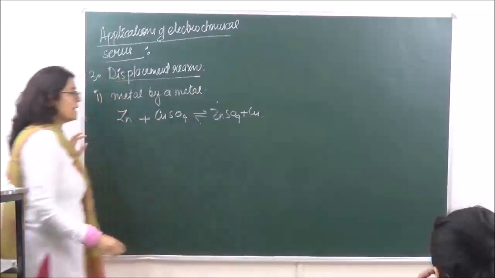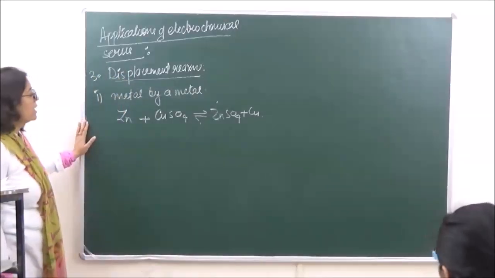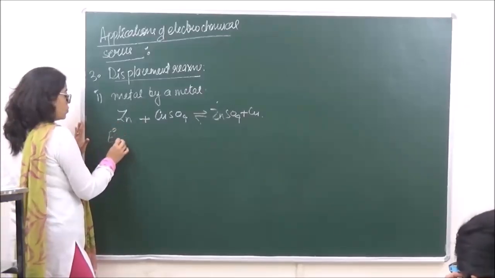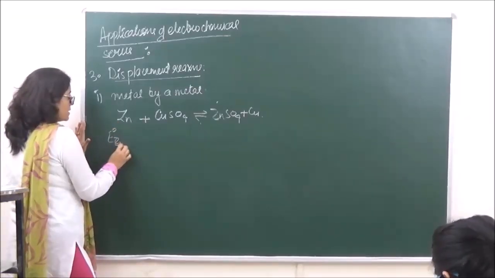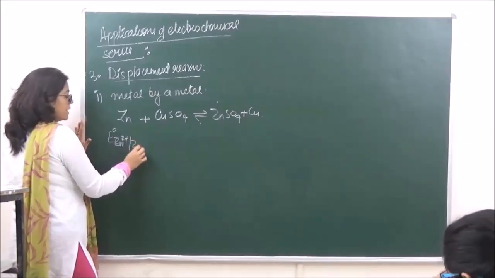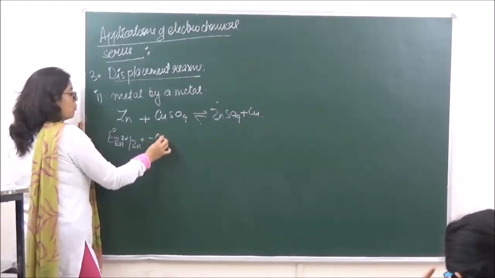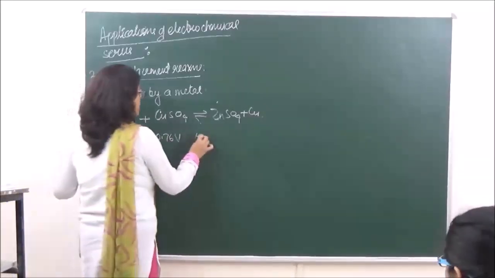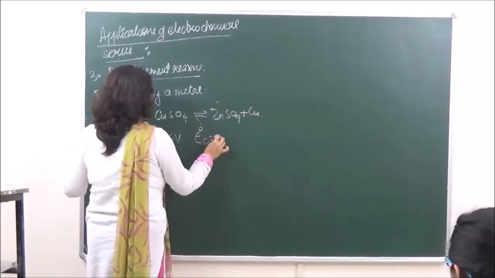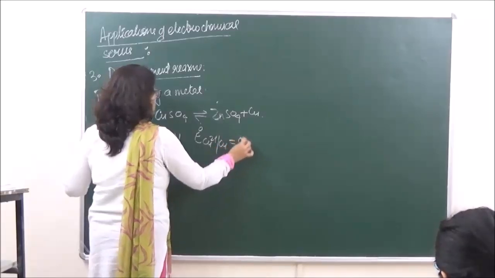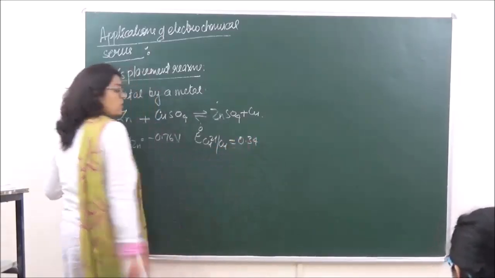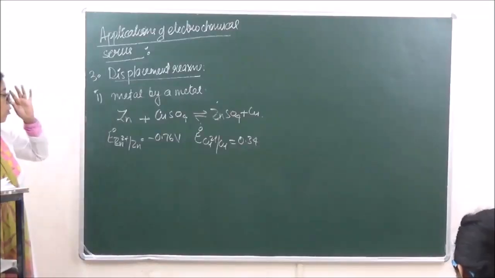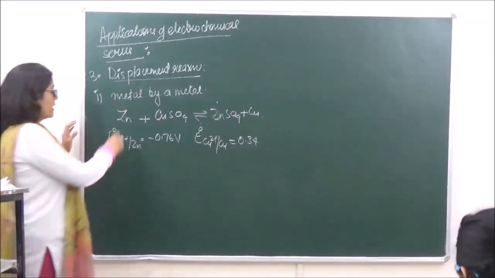This was the reaction of the galvanic cell. Now in this we know that the E naught value of Zn2+ to Zn is equal to minus 0.76 volt, and that for copper is 0.34 volt.